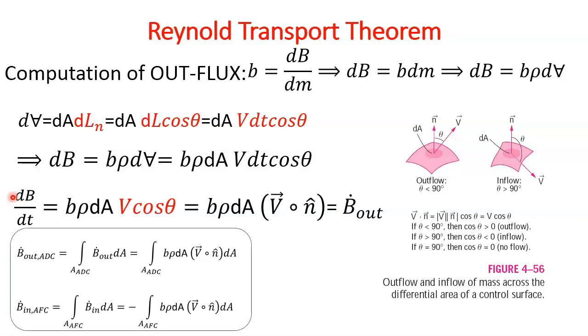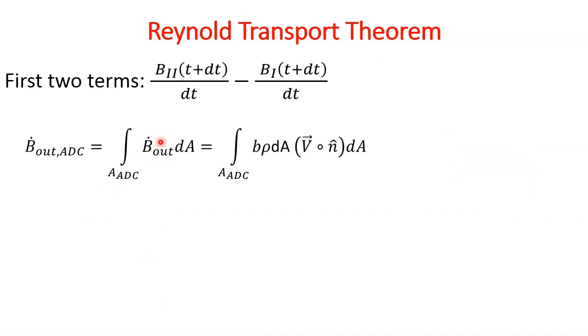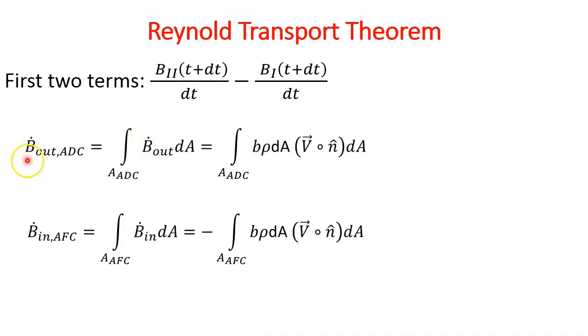Similarly, we can write B dot in AFC, and that will be with a negative sign because we have the unit vector in the direction leaving the surface. So in will have the opposite direction, which is accounted for with a negative sign. Now when we put the two terms together, we have B dot out ADC, B dot in AFC.